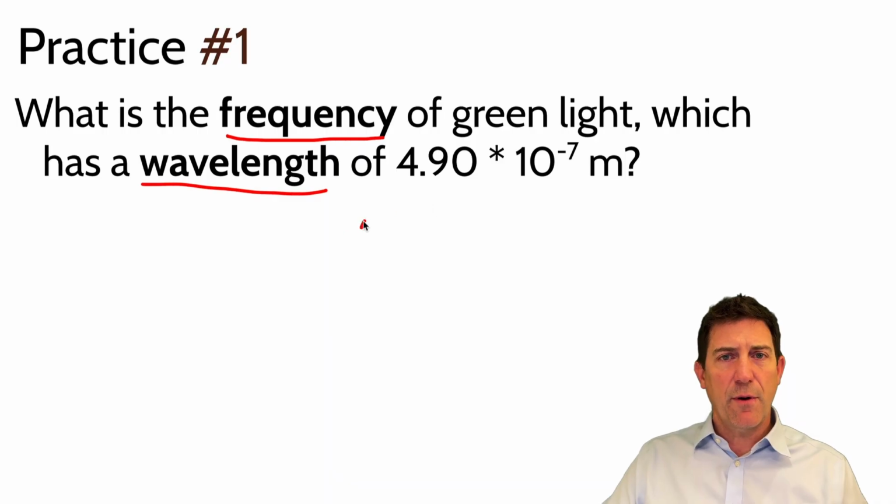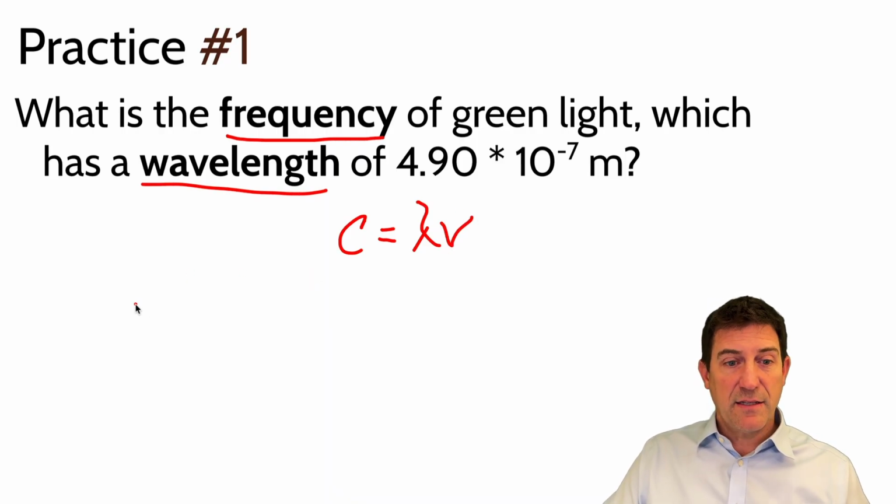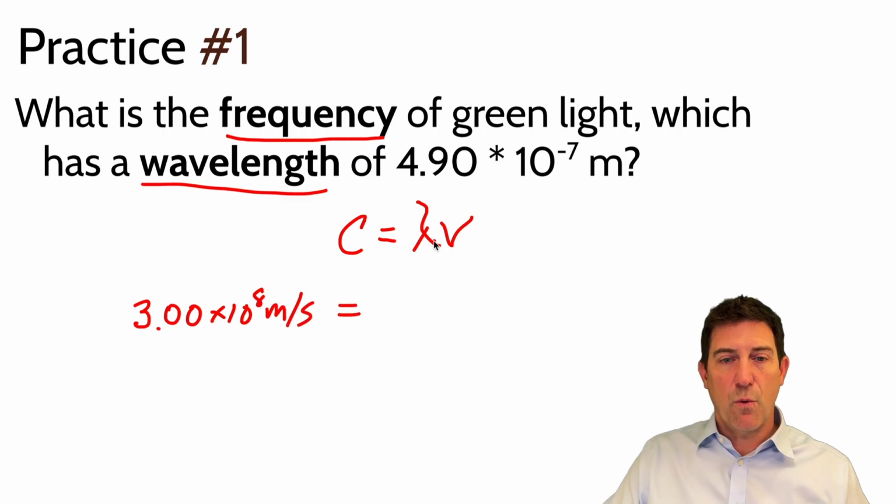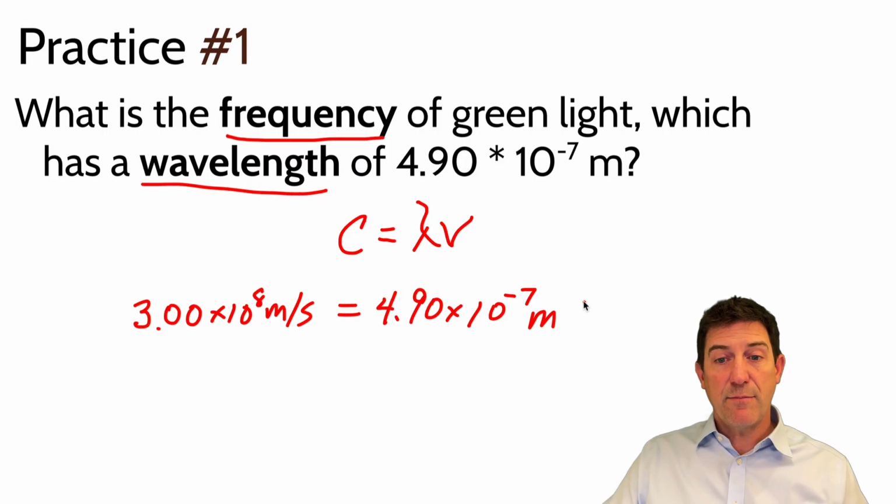We only have one formula so far, so this is going to be fairly easy. We have C equals the wavelength times the frequency. Do we know C? Yes, it's constant. It is 3.00 times 10 to the 8th meters per second, and that's equal to the wavelength, which is 4.90 times 10 to the negative 7th meters times the frequency.